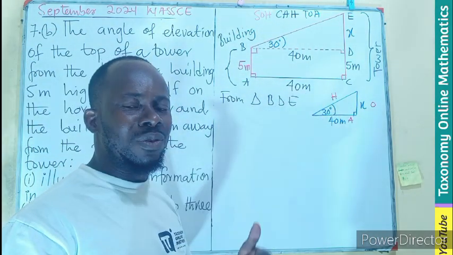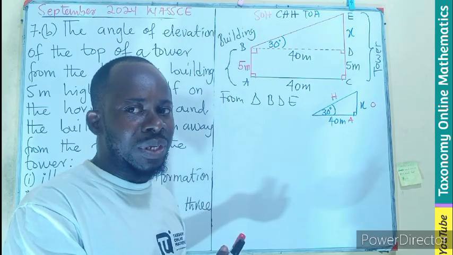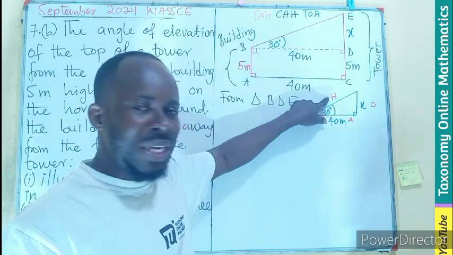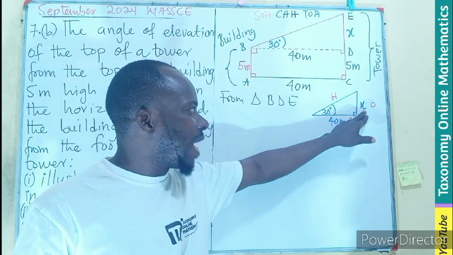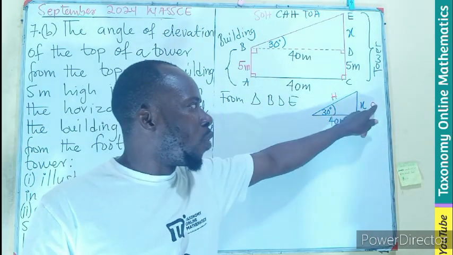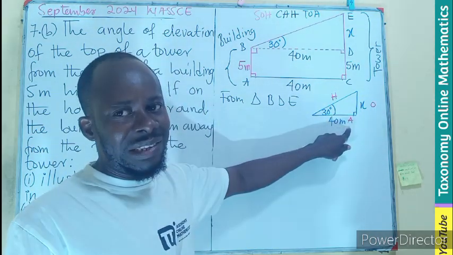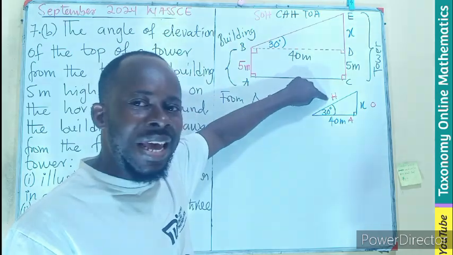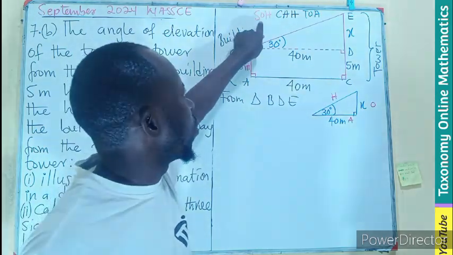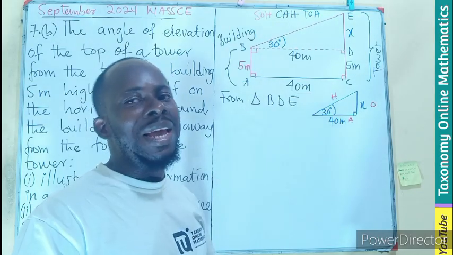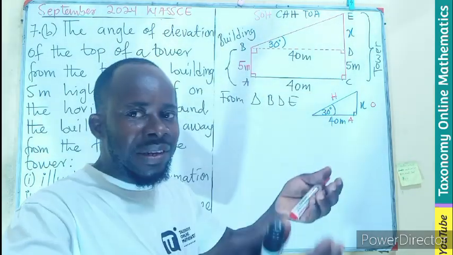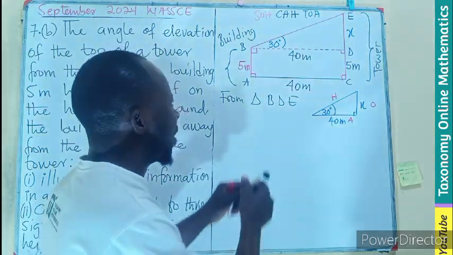Which of the parts is not needed in this calculation? The H here is not needed. No dimensions there. So I'll be focusing on the X and the 40, which is the opposite side and the adjacent. So since this H is not needed, I'll cross out any of the acronyms that contain the H, so that I can eliminate it to have the one I am interested in.